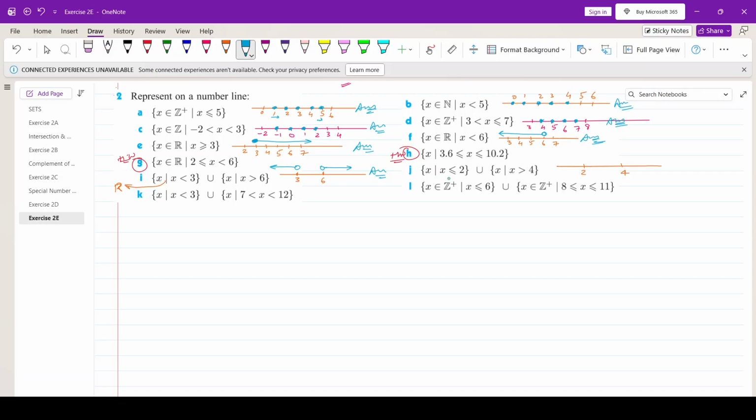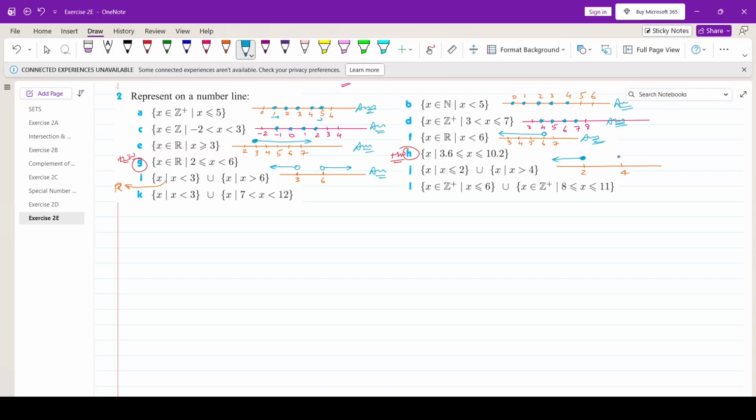So to plot it, we know x is less than or equal to 2. So we'll make a dot and fill it from inside. And x has to be less than or equal to 2. So this arrow will be leftwards. Union a set of x such that x is a real number greater than 4.